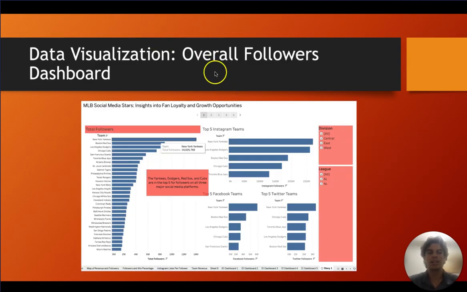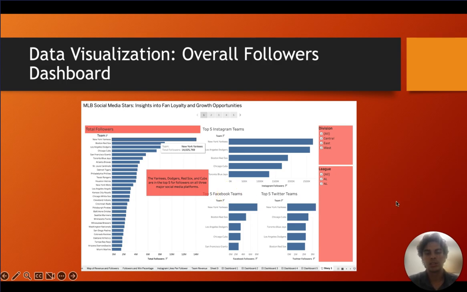And then getting into my data visualizations, here's my overall followers dashboard. As you can see, it starts with the total followers for each team in a bar graph, and on the right it shows the top 5 teams for each of our 3 social media platforms that we're going to be focusing on.